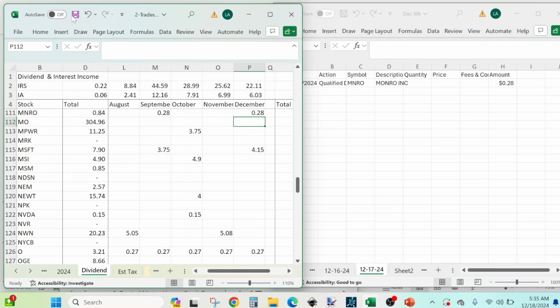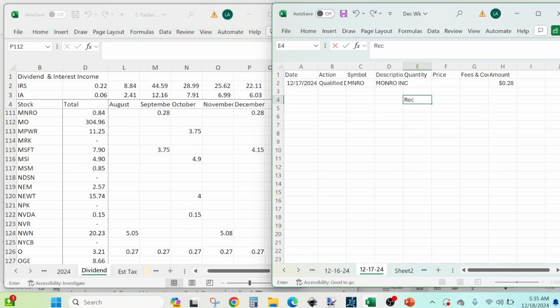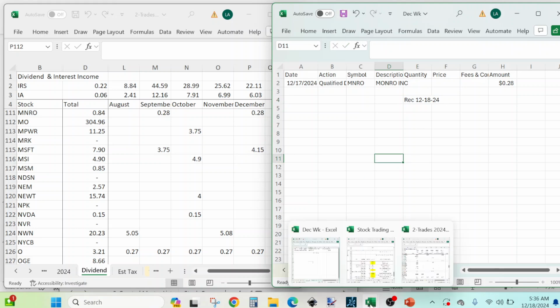So now we are going to save our work and we are going to make our entry here that we did this recording. And then we'll move to our chart analysis.